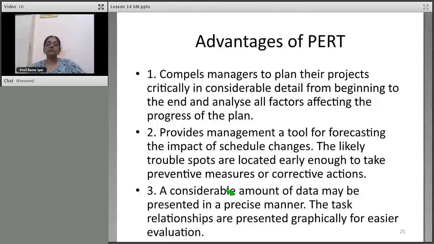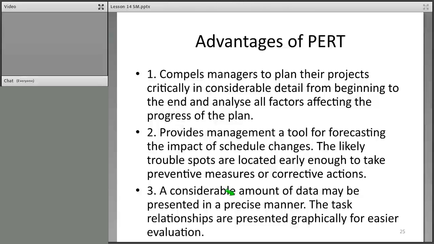Okay, I will continue. Advantages of PERT. You read this. 1, 2 and 3.